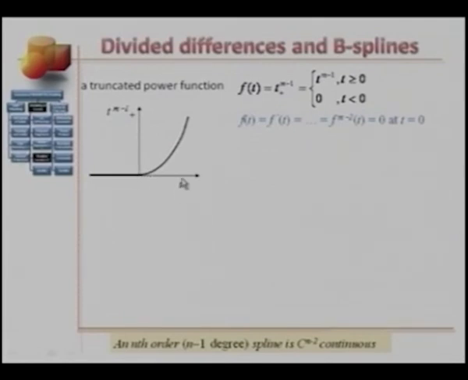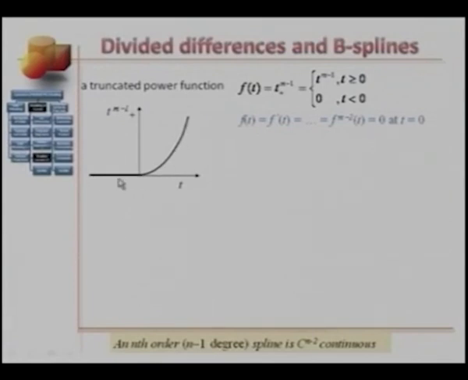You can say that all these derivatives exist. And of course, you have position continuity as well. In other words, this function is C^(m-2) continuous at this junction point, t equals 0. For t greater than 0, this function is infinitely differentiable, and so is the case for t smaller than 0.